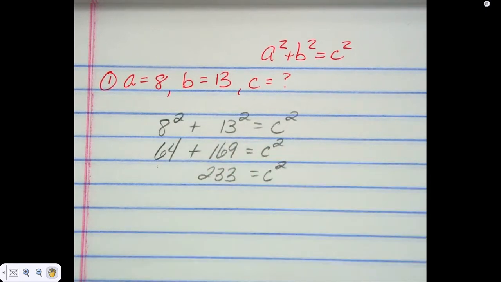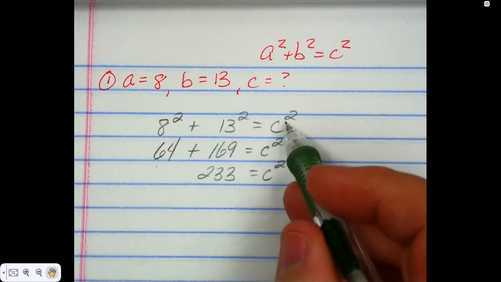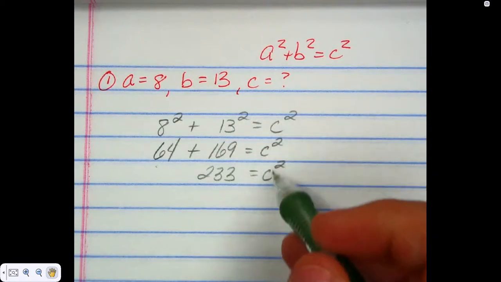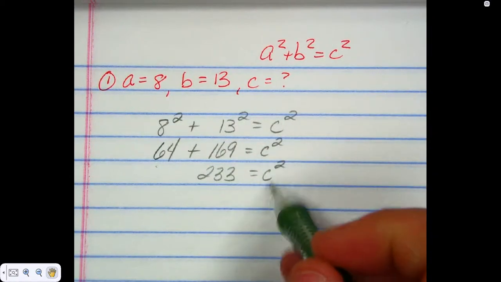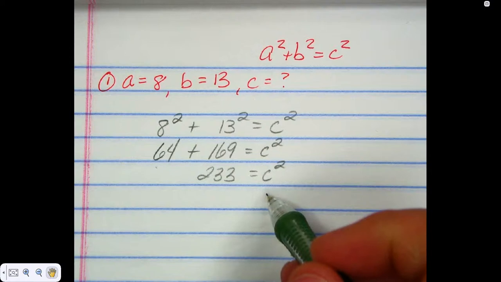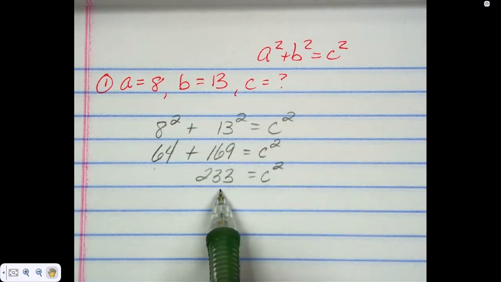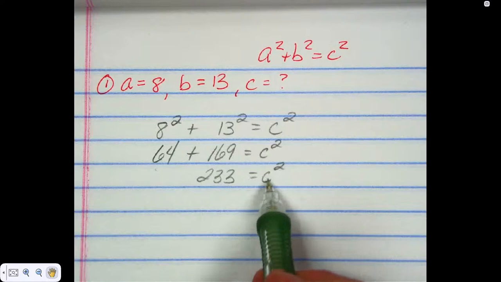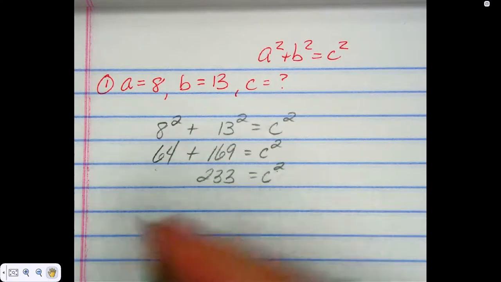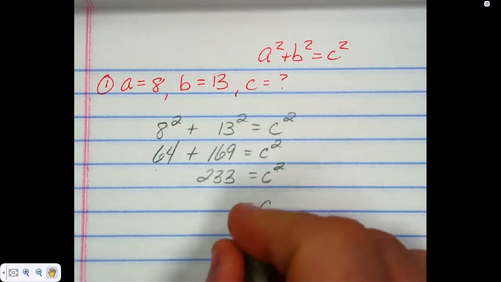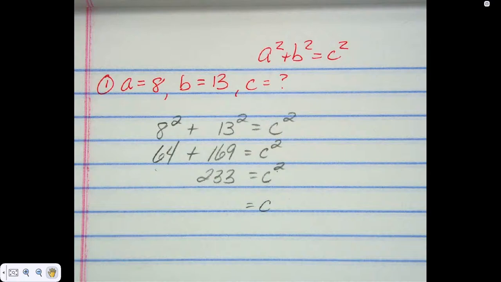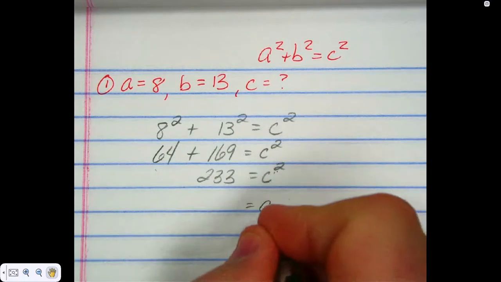Now, here's one thing to remember. This is why they teach in algebra to bring the progression of your equation down and keep things the same. Right now, you don't know what C is equal to. What you've solved for is what C squared is equal to. I want to know what C is. So how do I make a C squared into a C?